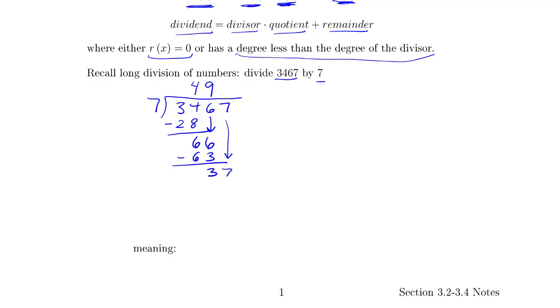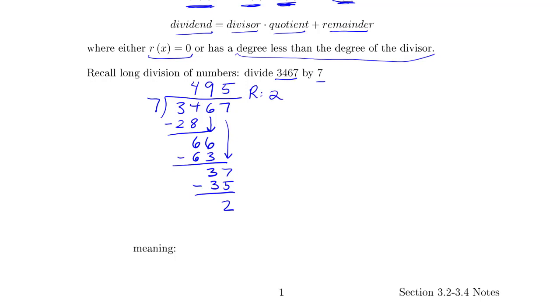Now 7 into 37 goes 5 times. You get 35, subtract, and you get 2. 7 can't go into 2, and there's no more, so that's your remainder of 2.